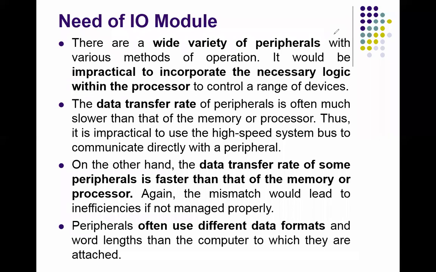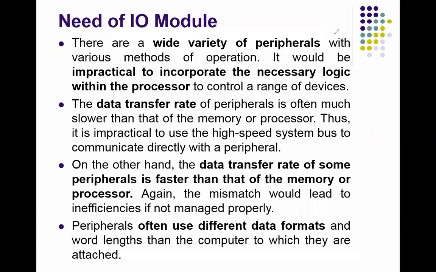So we have seen these different devices have different data transfer rates. Some devices are much faster than the memory and processor, and there are some devices which are slower than memory and processor. So actually, it mismatches the speed, which leads to inefficiency if not managed properly.